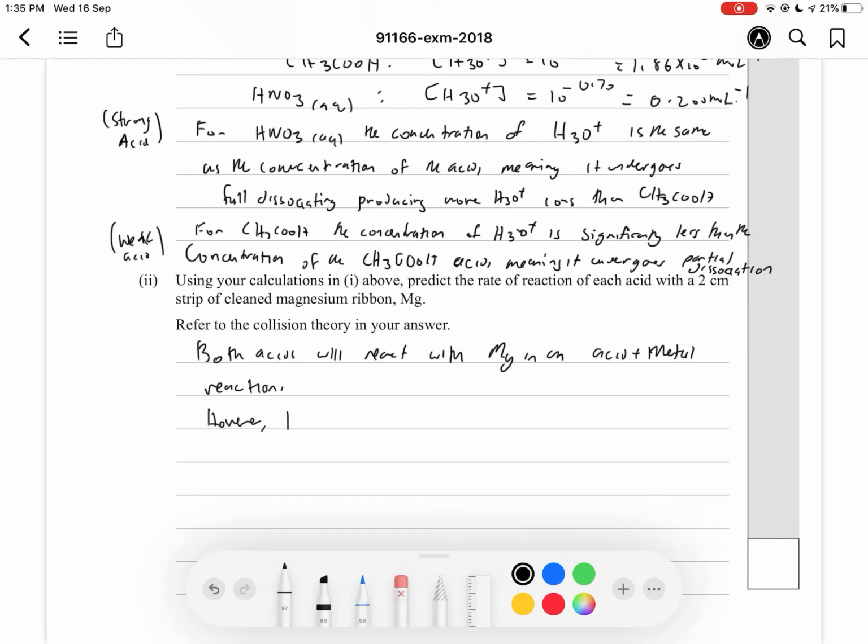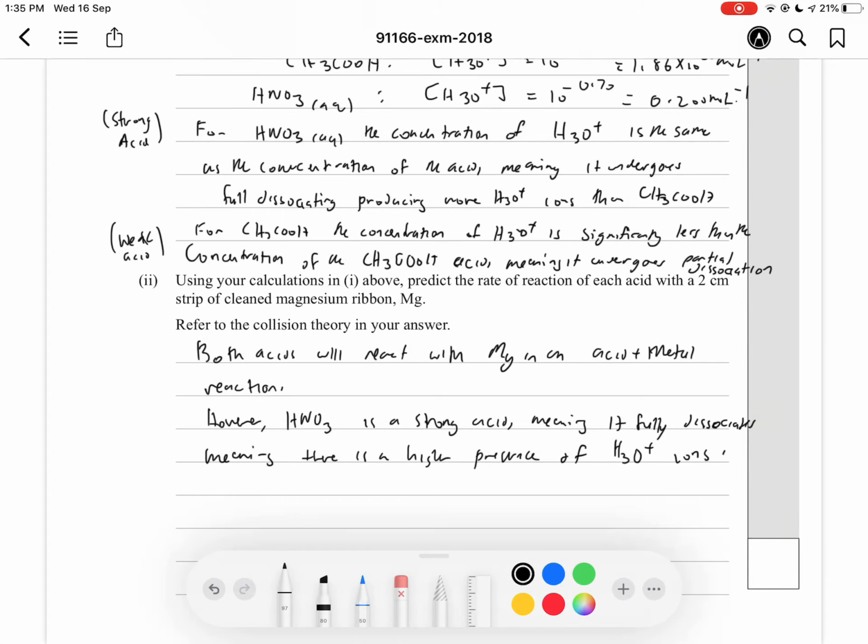However, nitric acid is a strong acid, meaning there is a higher presence of hydronium ions.